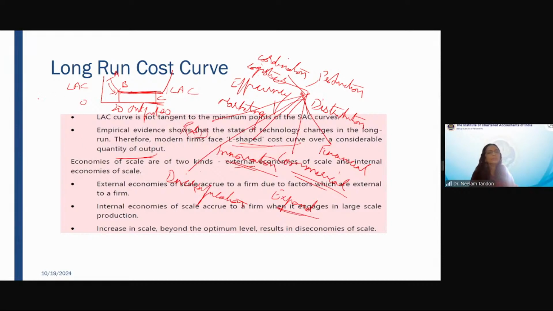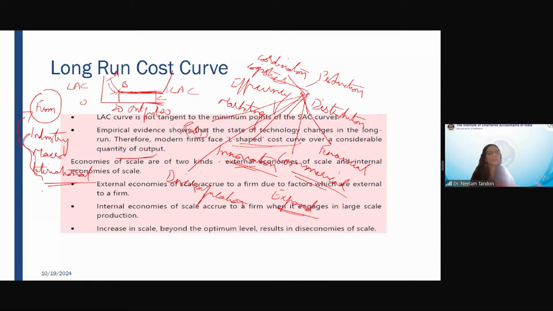External economies, one is firm specific and one is industry specific, or maybe macro factors, or maybe international factors, which benefit the firm.